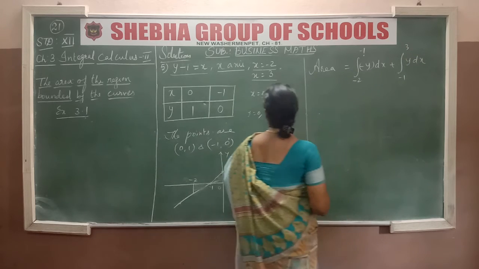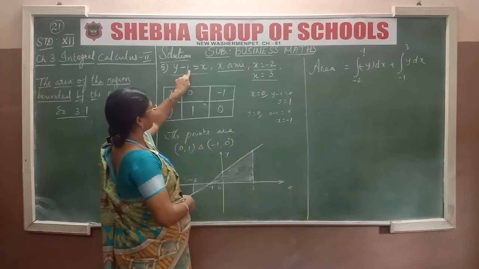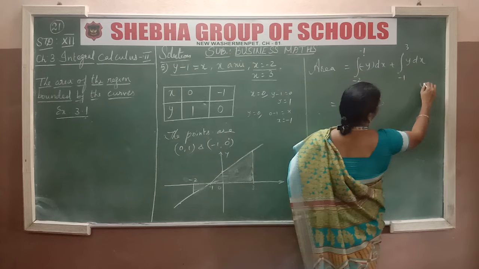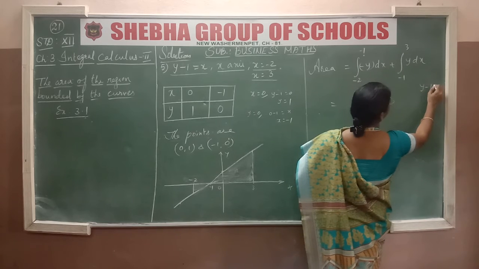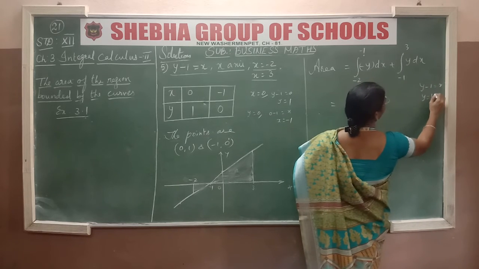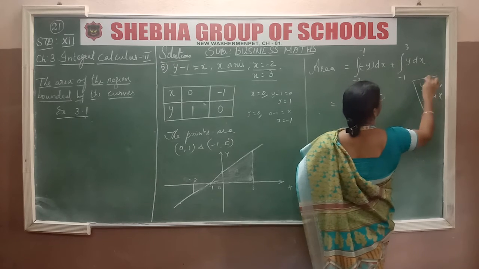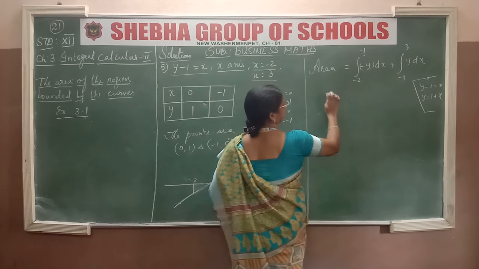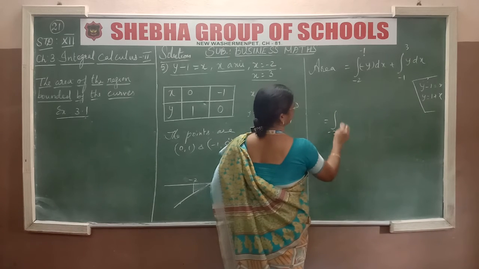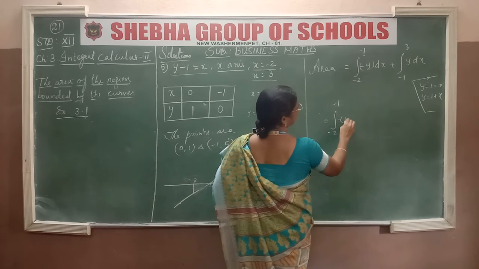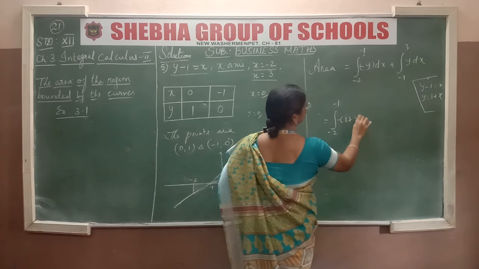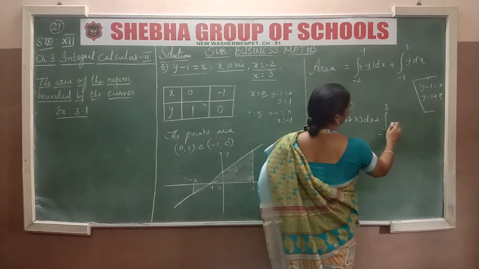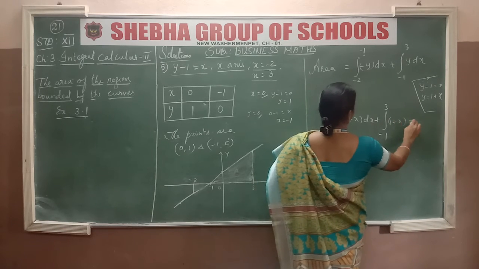Okay. And listen, y minus 1 equal to x. What is y? Y minus 1 equal to x, therefore y is equal to 1 plus x. Using here integral minus 2 to minus 1 minus of 1 plus x into dx plus integral minus 1 to 3, y is 1 plus x into dx.